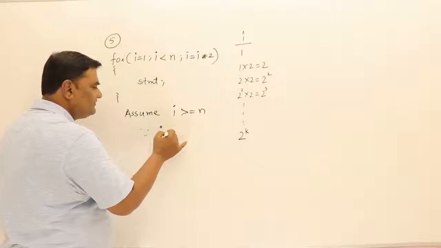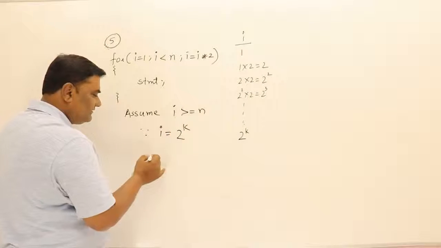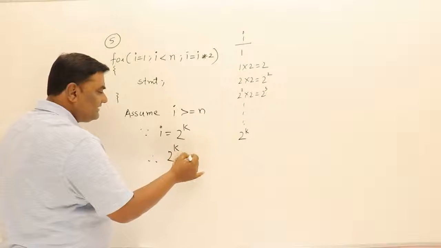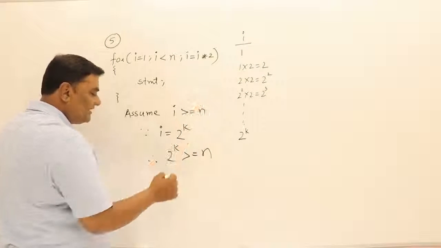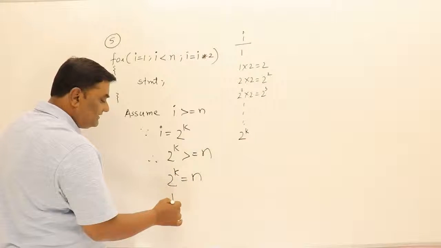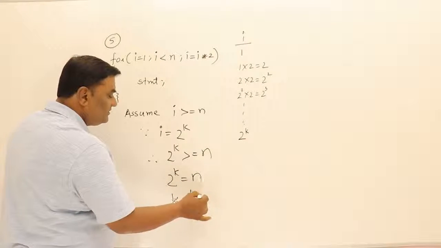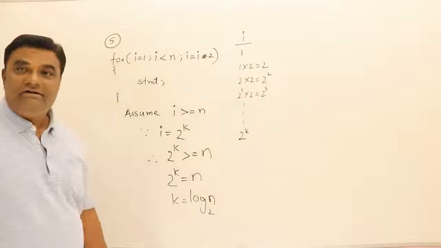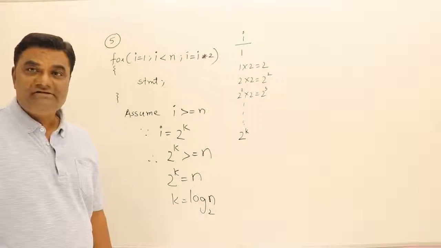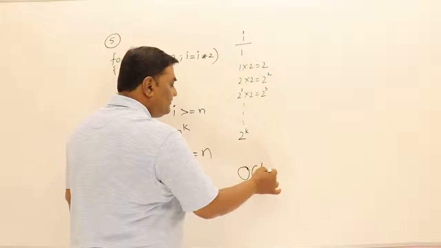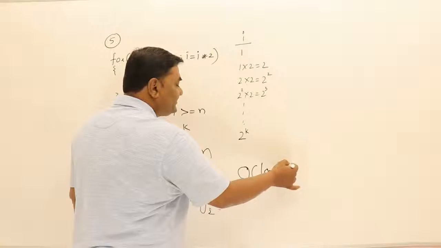Since I is equal to 2 power k, therefore 2 power k has become greater than or equal to n. Now if I take 2 power k is equal to n, then k is how much? Log n base 2. Yes, this is the time complexity. So the statement will execute for order of log n base 2 times.